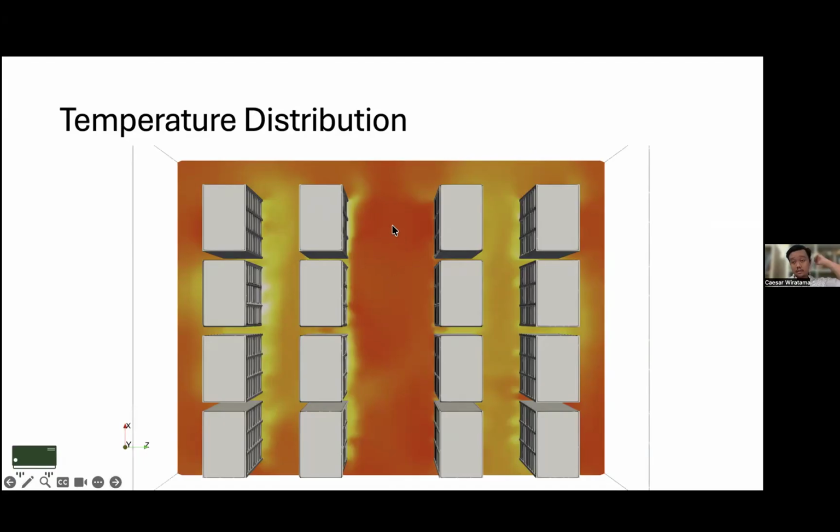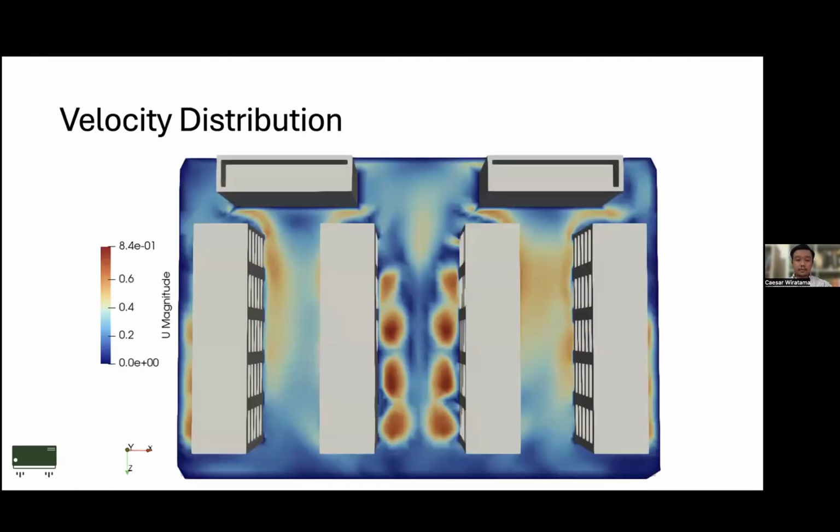The orange one is colder than the yellow one, which is the temperature distribution we expect. And we can also see the velocity distribution. We can see here the local velocity from the perforated floors.